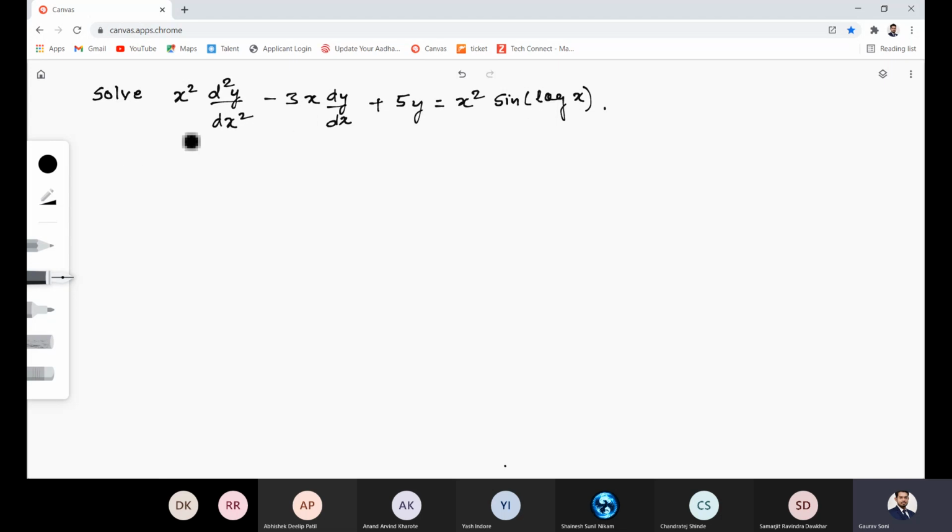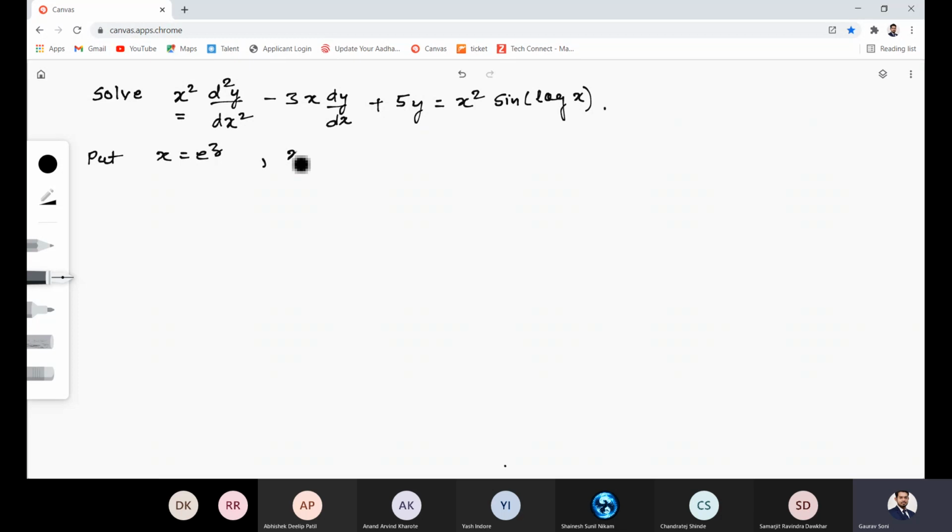So once we have this, identify this. Okay, this is a Cauchy's linear differential equation. The first step we need to do is put x is equal to e raised to z. Okay. With this, what are the replacements? X into d will be replaced by simply d.